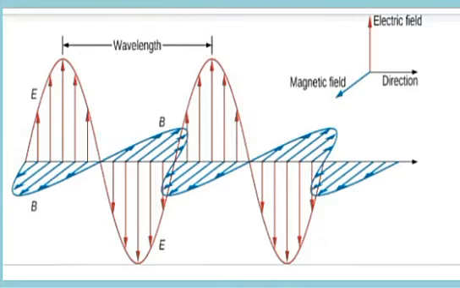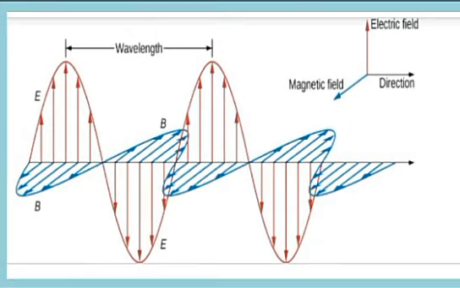Here the electric field is acting along Y direction and magnetic field is acting along Z direction, and the wave is propagating along X direction. We also know these three axes X, Y, Z are mutually perpendicular to each other.